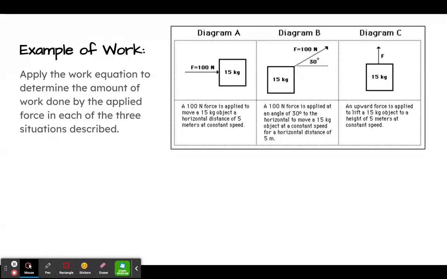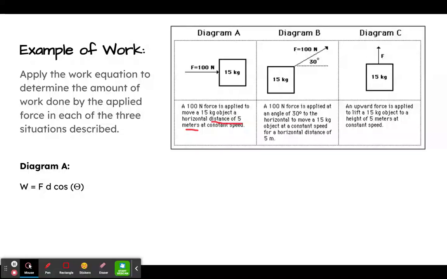For the first one, diagram A, you're going to have a 15-kilogram block, and it's going to be pushed to the right by a 100 Newton force. It says in the example that the distance is going to be 5 meters at a constant speed. My equation is work equals force times displacement multiplied by the cosine of theta.